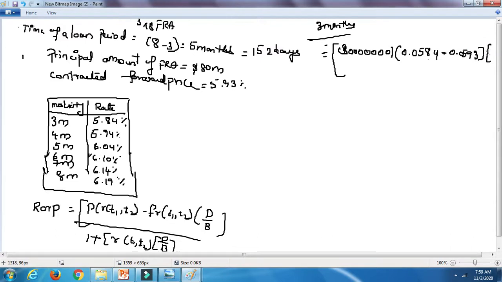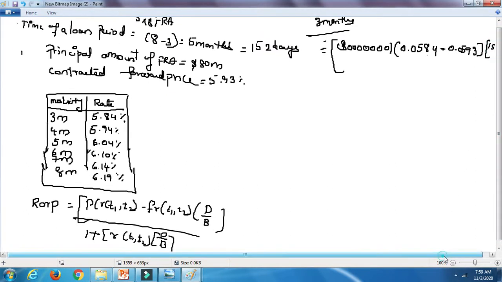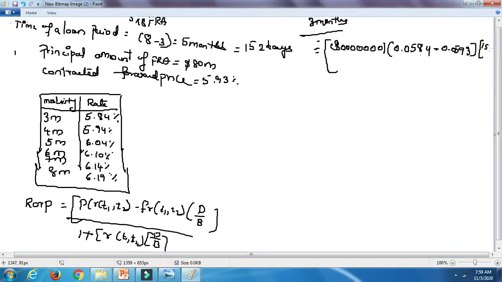Now how many days are there? 152, right? We have calculated 152 for 5 months.